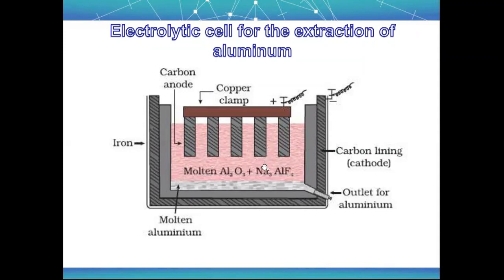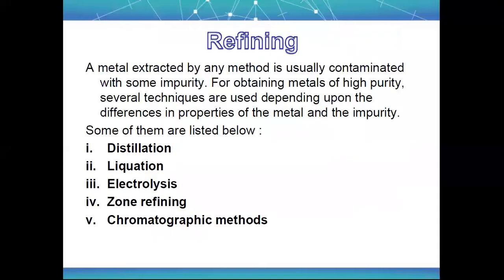Since its density is higher than the entire solution, the aluminium, being a metal, goes down to the bottom of the chamber, and we can take the aluminium out from this outlet. That is how we do the electrolysis.